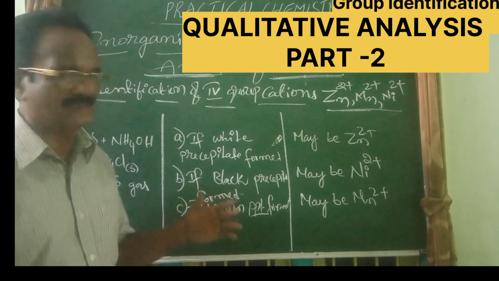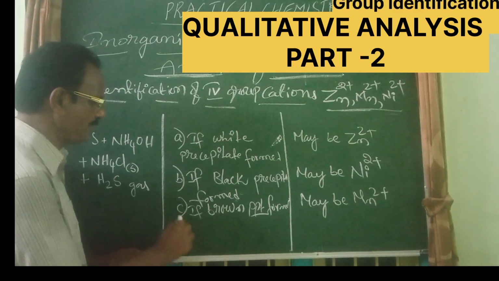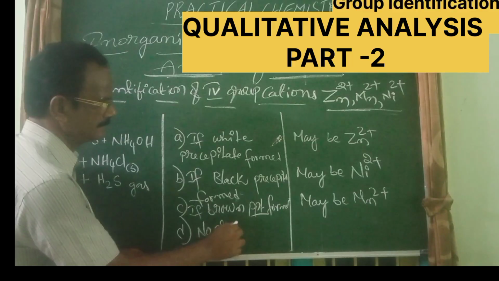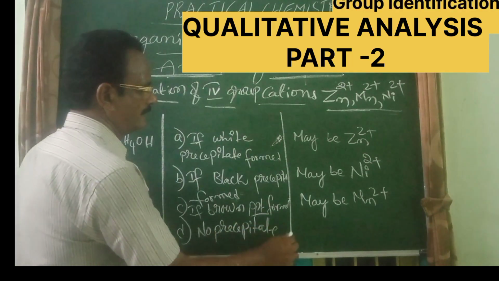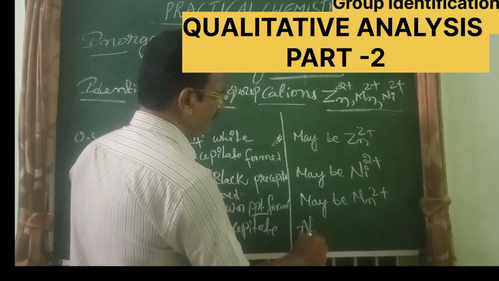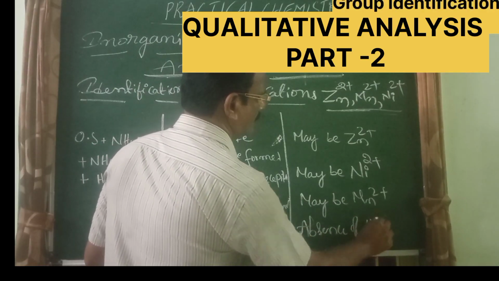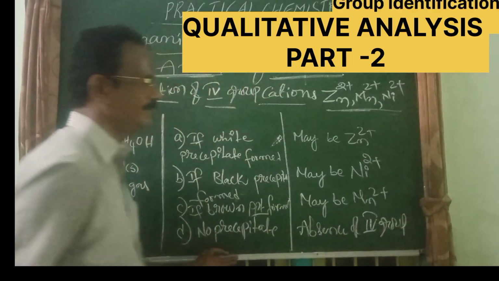If brown precipitate is there, manganese sulfide. If there is no precipitate, absence of fourth group cations.